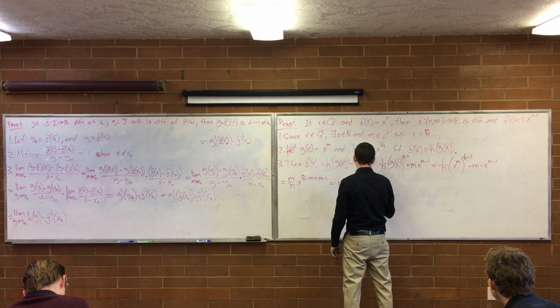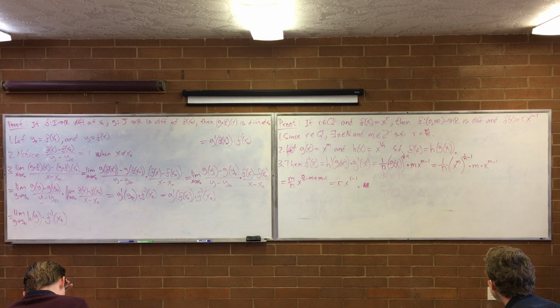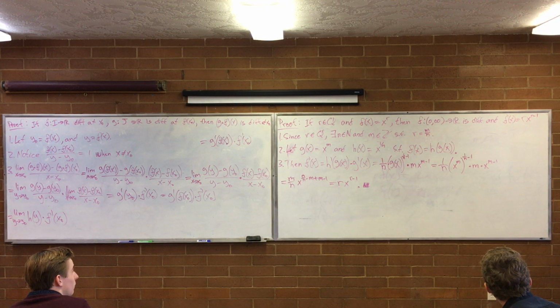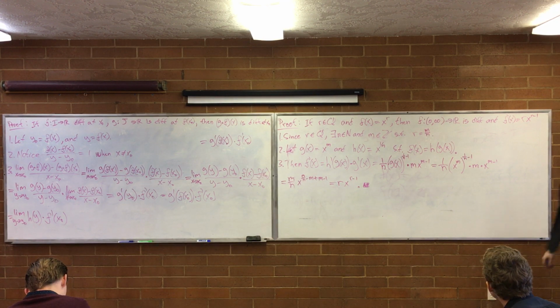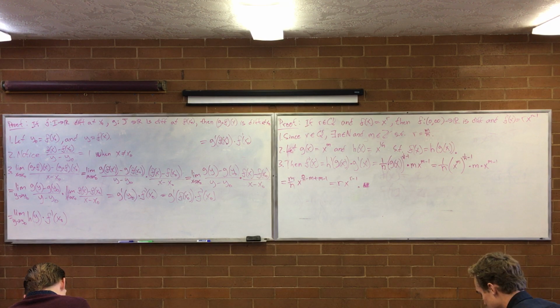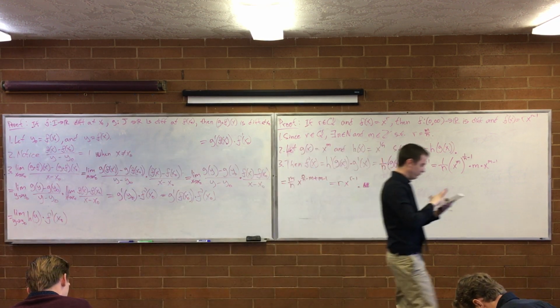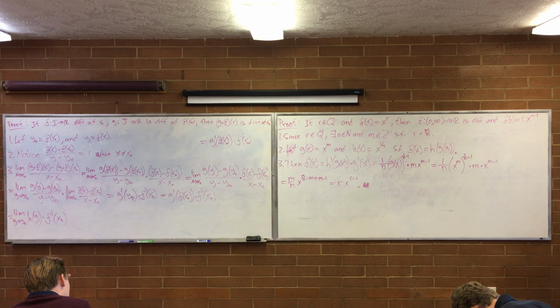Okay, and it worked. But yeah, I'm like 95% sure we did this exact proof with the quotient rule. I think that was the last proof. Okay, so that's the end of 4.2.